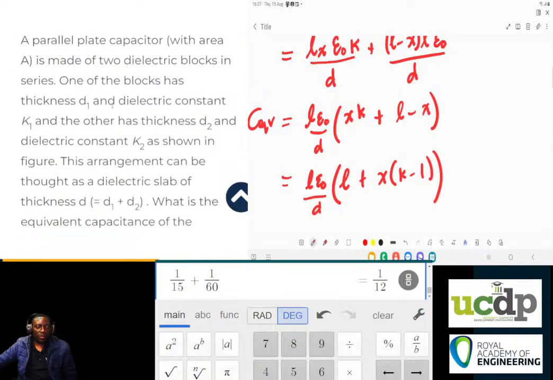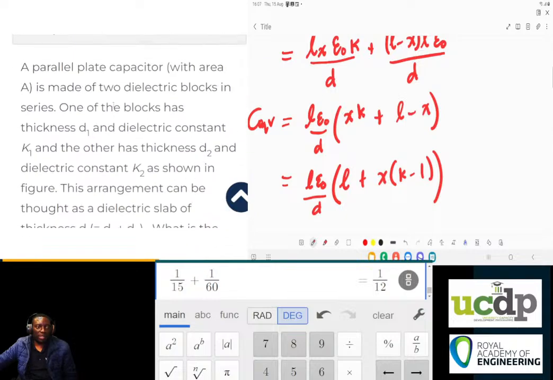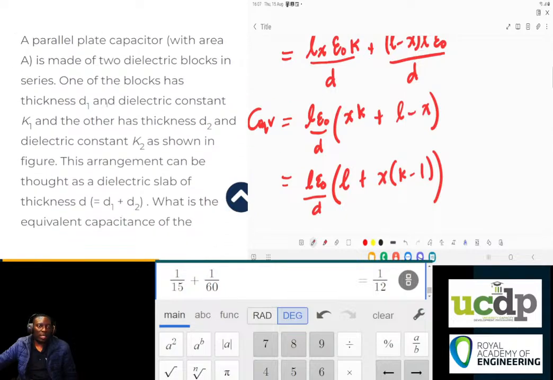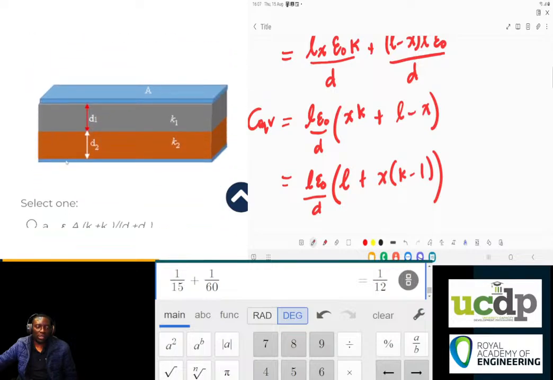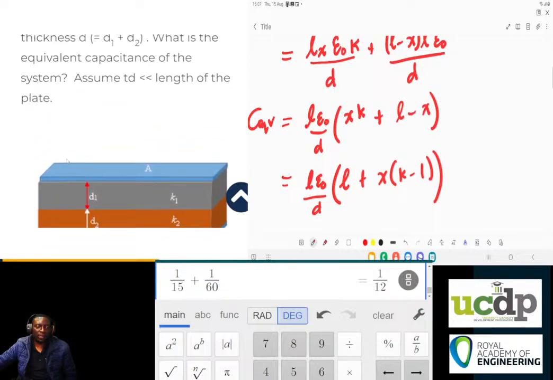Then question 24 is one that's almost similar. A parallel plate capacitor with area A is made of two dielectric blocks in series. One of the blocks has thickness D1 and dielectric constant K1, and the other has thickness D2 and dielectric constant K2, as shown in the figure.